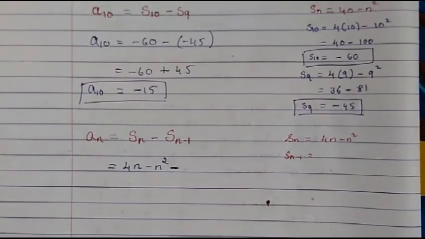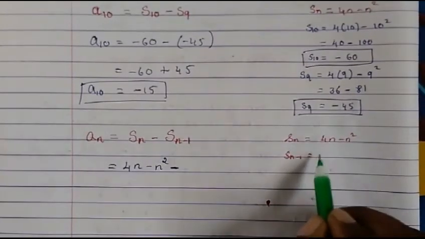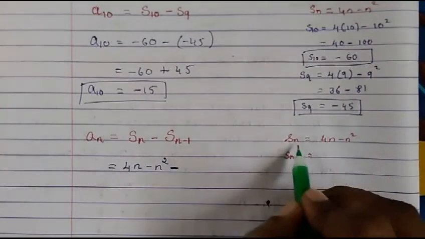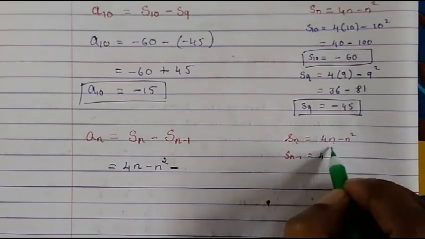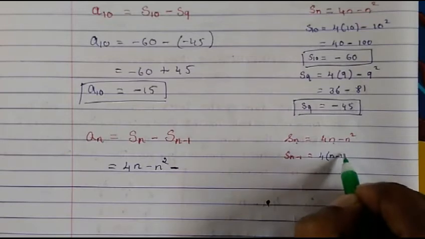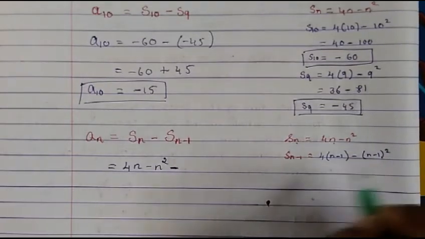So in the place of n, we have to write n minus 1. Here n was there, we wrote n. Here n minus 1 is there. So in the place of n, we'll write n minus 1. So minus n square will be minus n minus 1 whole square.